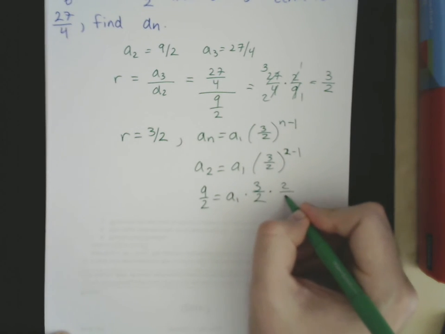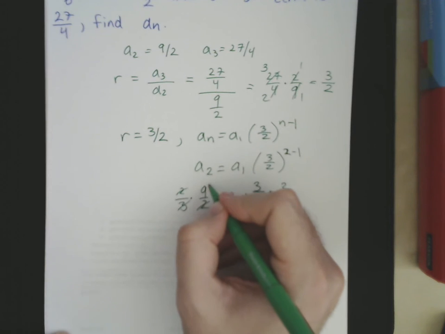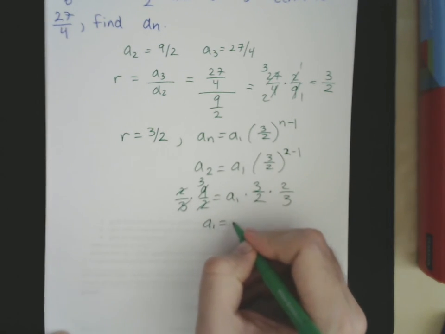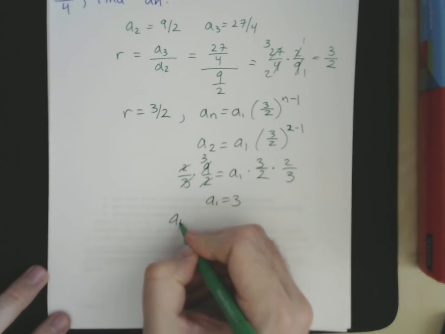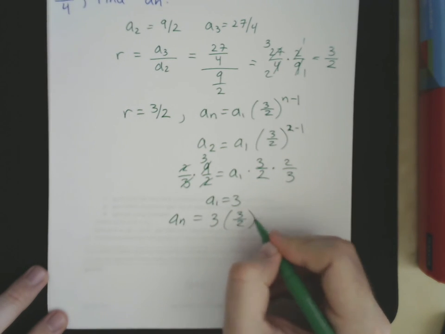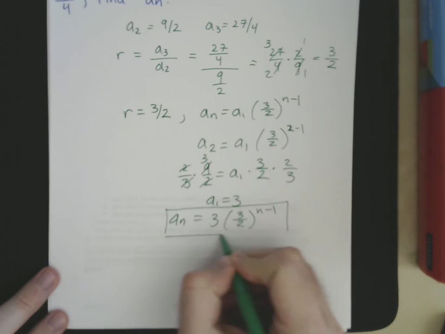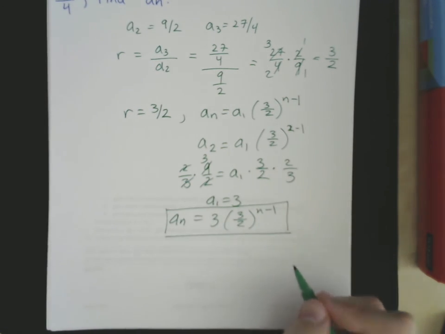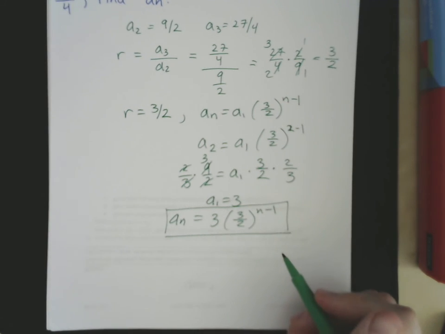So we're just going to times by 2/3, times by 2/3, cancel, cancel, and we get a1 equals 3. And so our final answer now, a sub n, is 3 times 3 halves to the n minus 1. And now we've found our general term.